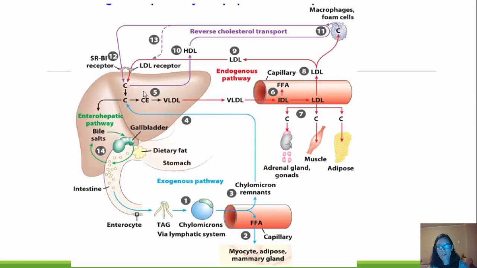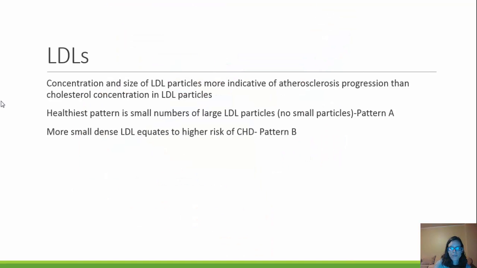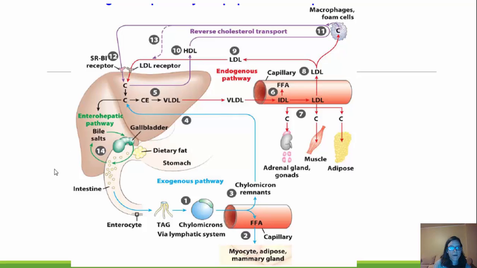Okay, so this is just an overview of what we've been talking about, so I'll briefly go through it. We talked about our exogenous system by which triglycerides are delivered. Action by lipoprotein lipase allows for free fatty acid delivery to the adipose tissue. Chylomicron remnants go back to the liver, okay?